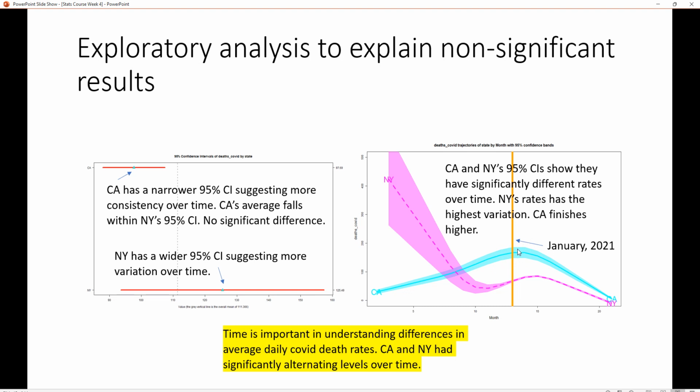And we know the winter months were bad here in California, but we can see over time the death rate's gone down. You also have a vaccine that got introduced in big numbers in the U.S. in the new year in 2021. So we also are starting to see death rates go down in both California and New York. But for California, we do have the highest rate.